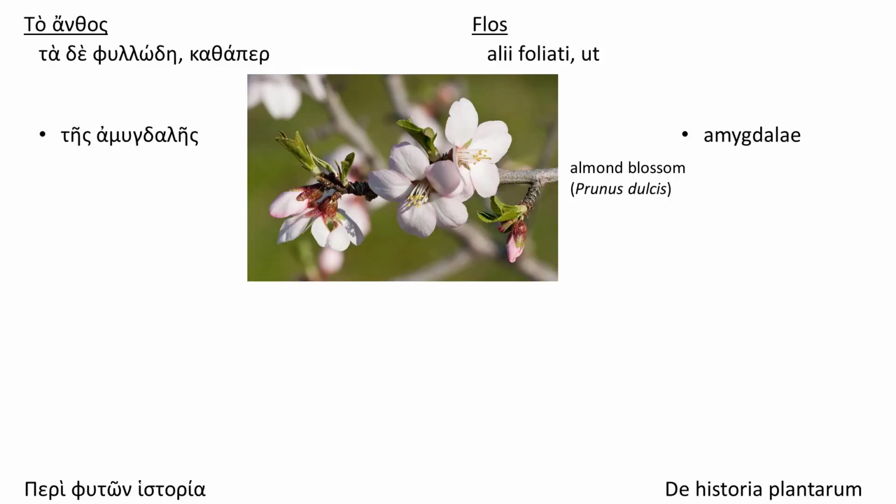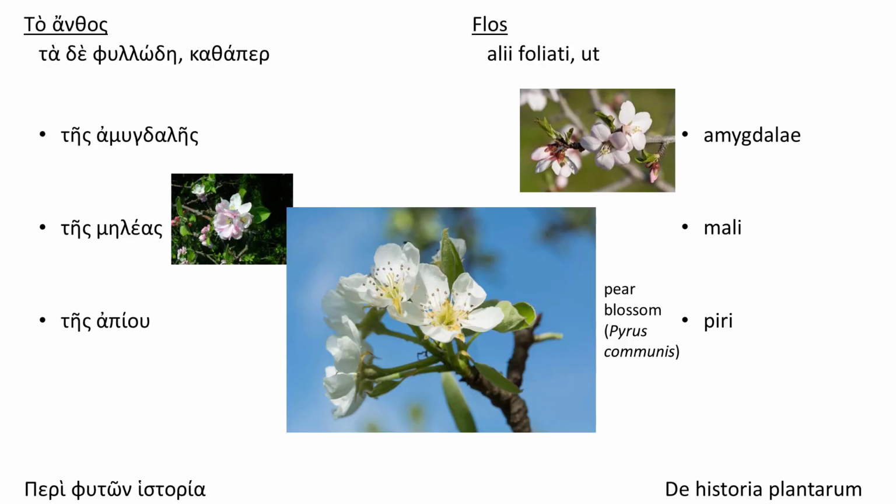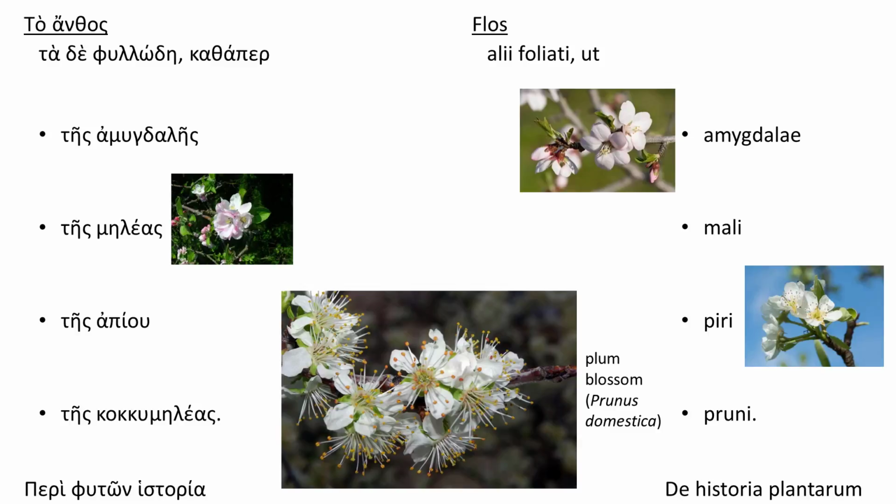He certainly has a category for the great majority of flowers with showy petals, but check out what he calls them. Ta de pulode, katsaper tes amygdales. Some flowers are leafy, as for example the flower of the almond tree, alai foliati ut amygdalae, tes meleas, that of the apple tree, Latin mali, tes apiu, that of the pear, Latin piri, tes cocumeleas, that of the plum, Latin pruni.